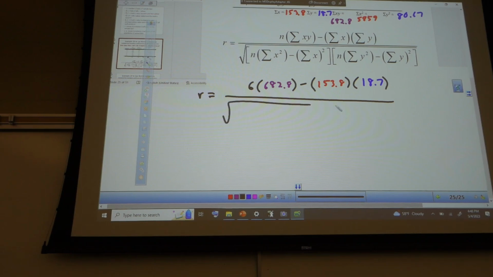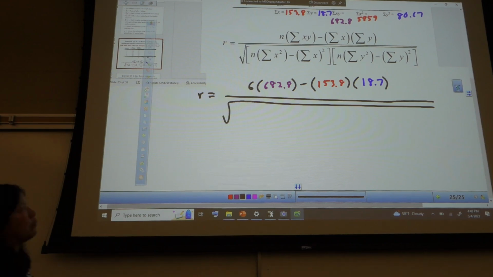square root, and yours has it as 2 separate square roots, but you can combine them into one. It doesn't matter whether you multiply them and then square root them, or square root them first and then multiply them. You get the same thing. So here, I'm just going to leave them all as one big one.